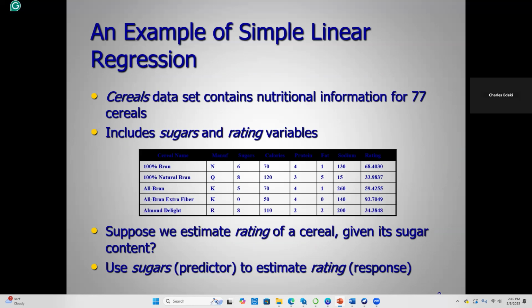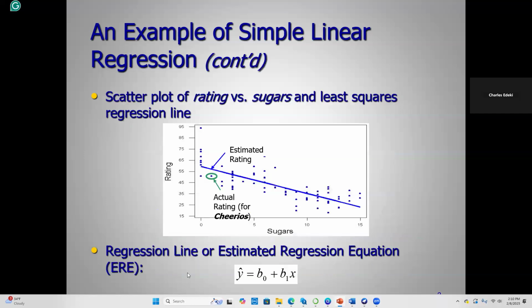Again, we can't do multiple regression, where independent variables can be more than one, but here we are doing simple regression. So what we mean here is that sugar is the predictor to estimate the rating. So here we are going to use the sugar for that. Let's see if sugar can do it.